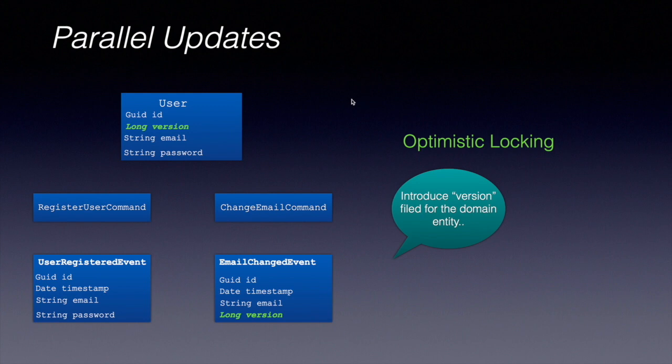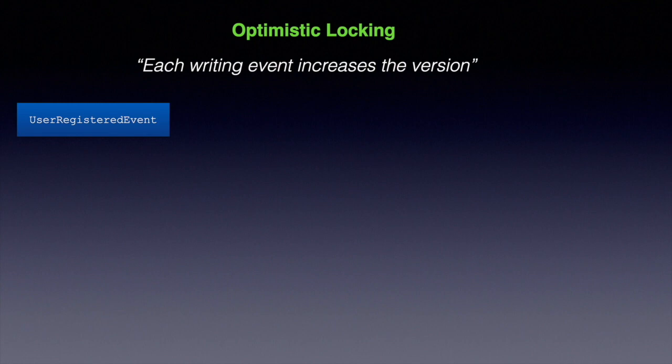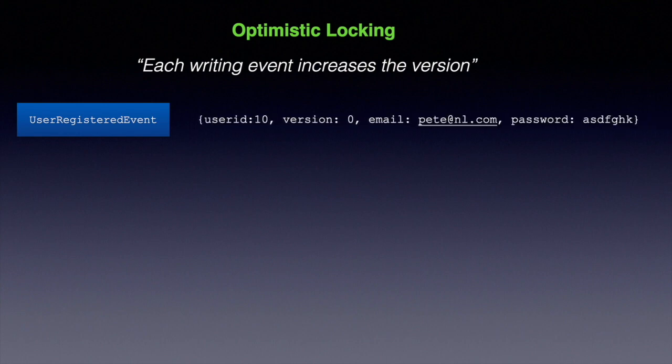By introducing a new field like version, we can do proper optimistic locking on our datasets. For example, if Peter and Lisa are trying to update the email ID in the system, any user can register the event with the user ID and version as 0 always in the first event, and the old email ID and password.